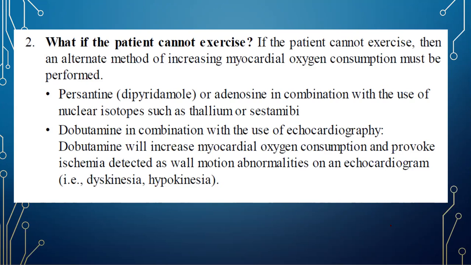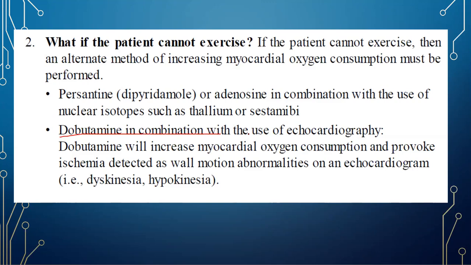So for those patients, you have to do chemical stress testing, which means you can give some medication which will stress the heart, or which will cause a similar effect on the heart as if you would run on the treadmill. That is called dobutamine or dipyridamole stress test.